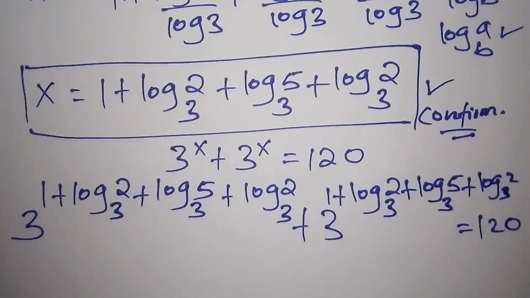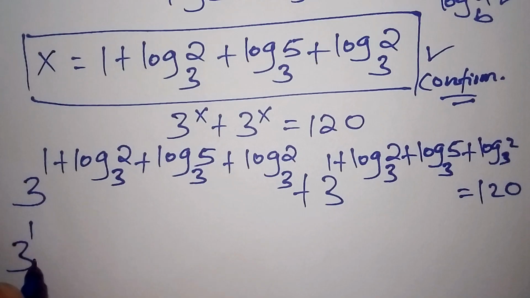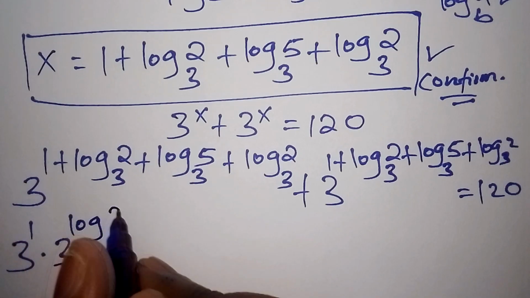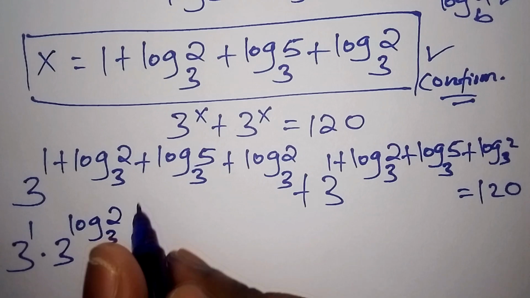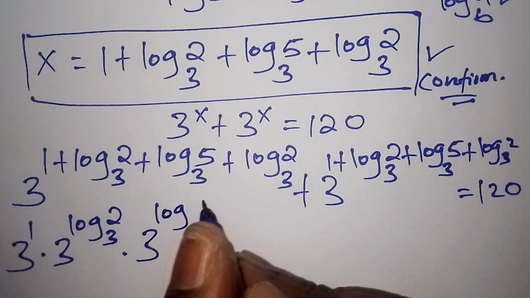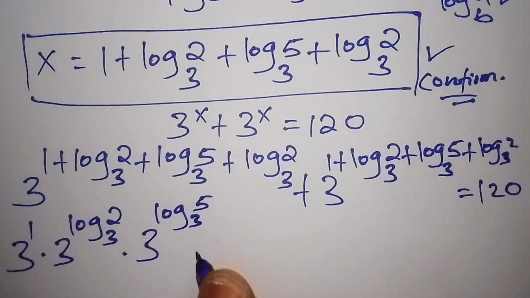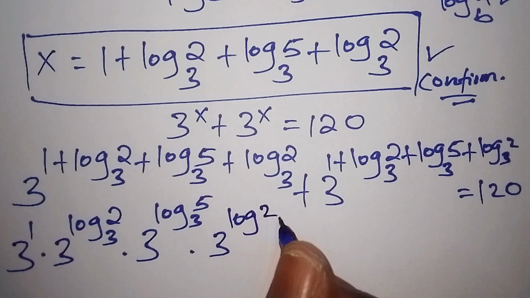So in this case we can have it as 3 to the power of 1. The plus means multiplication, so again 3 to the log of 2 to the base of 3, then plus means multiplication again, 3 to the log of 5 to the base of 3, then the plus again means multiplication, 3 to the log of 2 to the base of 3.